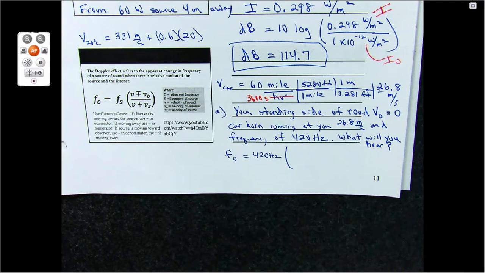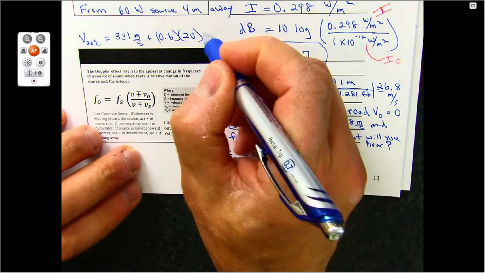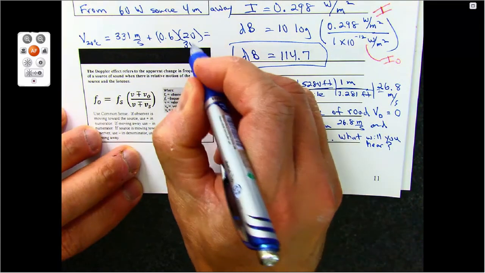That's going to add 12, huh? 343 is typically a number we'll use. That's just the standard equation. That's your adjustment. So we're going to use 343.